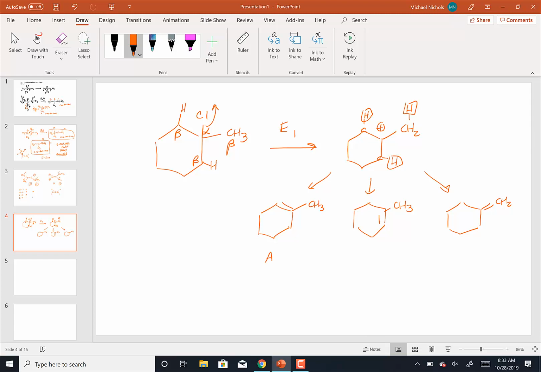So of A and C, which one's the major product? A or C? You can have D if they have the same. So which one is going to be the major product, the most stable alkene? A, C, or if they're both the same, D, if they have the same stability.